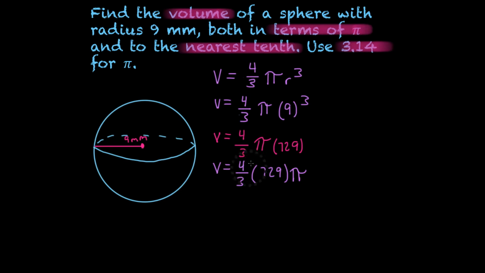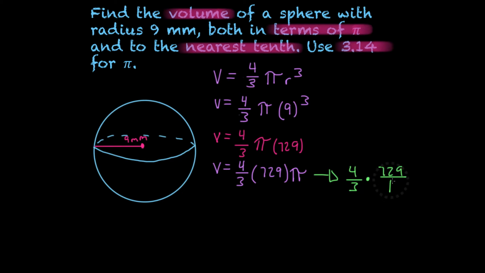My next step is to multiply 4/3 and 729. Let's look at 4/3 times 729 off to the side real quick, and I can think of 729 as a fraction, 729 over 1.